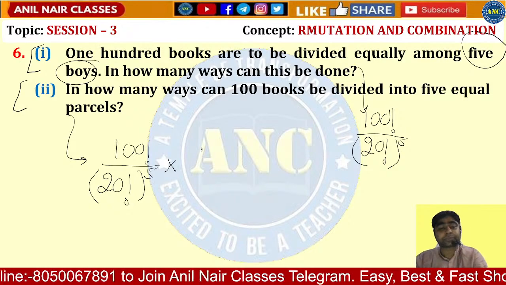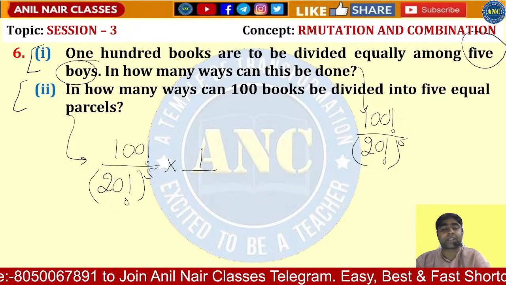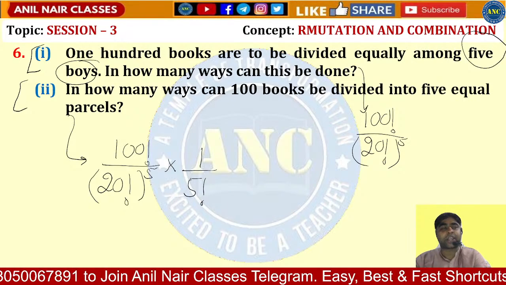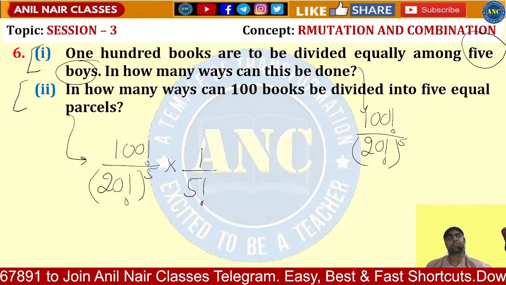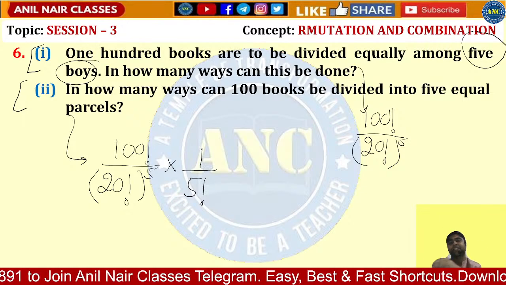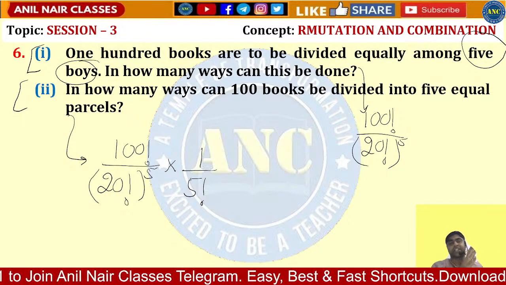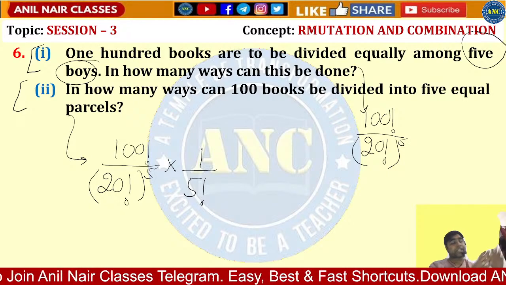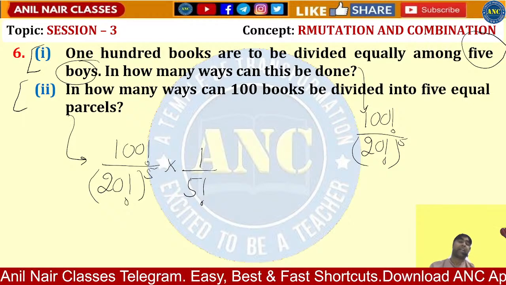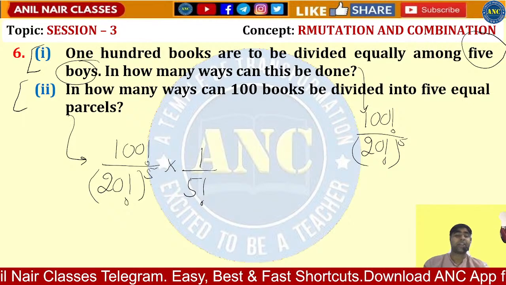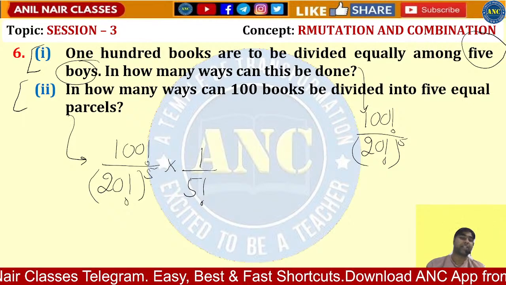So what also doesn't matter is in what way I am keeping these 5 parcels. The first place I have 5 options, the second place 4 options, third place 3 options, next place 2 options, the last place 1 option. So this also doesn't matter, and that is the reason I have to divide it by 5 factorial also to get my answer.